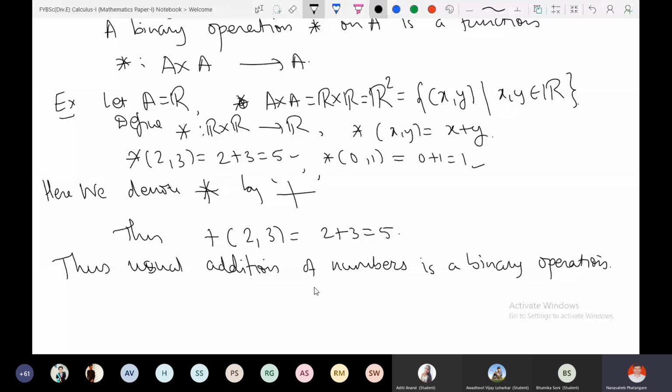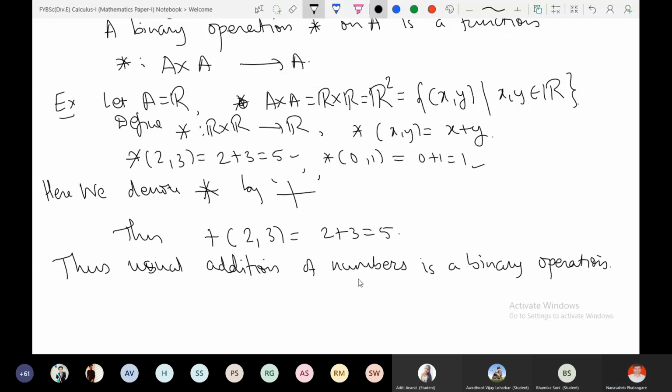We need a pair, and once we have a pair, we can apply the operation addition. What is the operation addition? Just add these two numbers. And therefore addition is a binary operation, or addition is a function from R cross R to R. That means if we apply addition on the pair (x, y), we get x plus y, which is a real number again. This is what the story is.